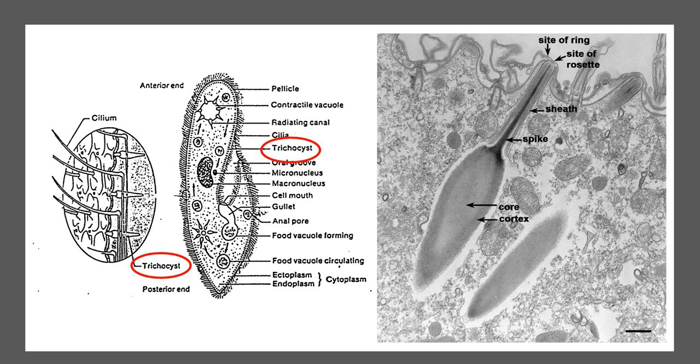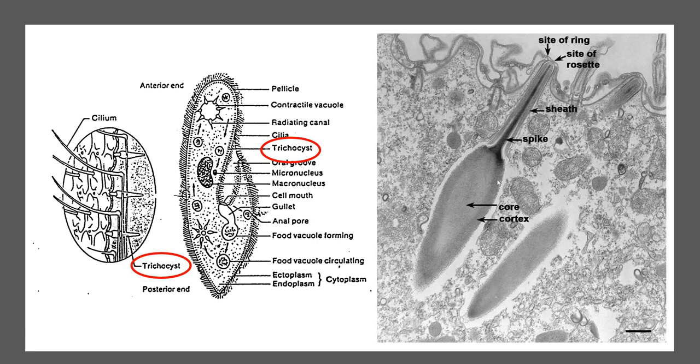And these basically are defensive spikes. Okay, if you look on the right, this is a photograph of a trichocyst. Okay, so this is the equivalent of the skin of the paramecium here. And you can see this spike.